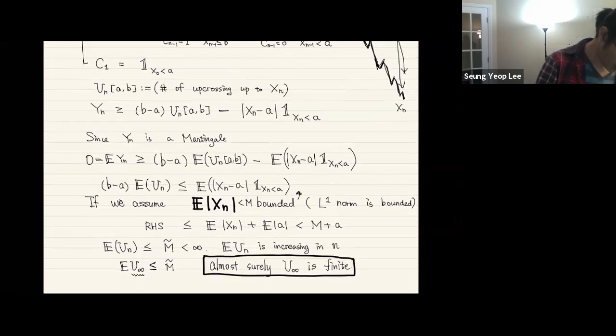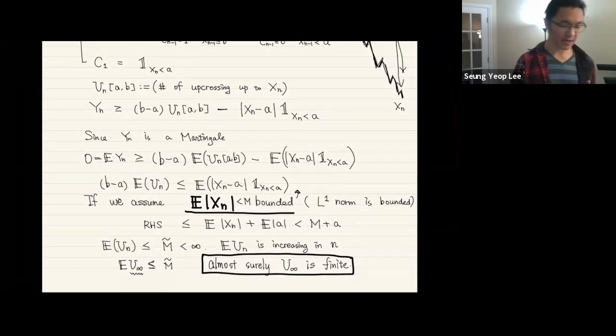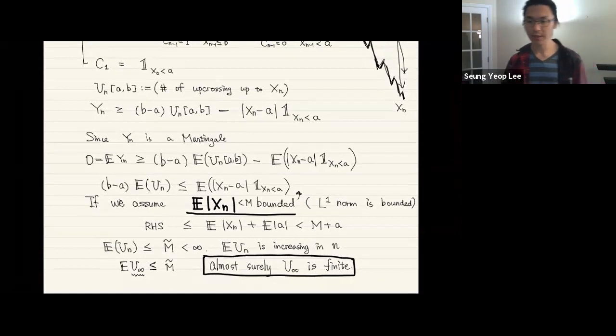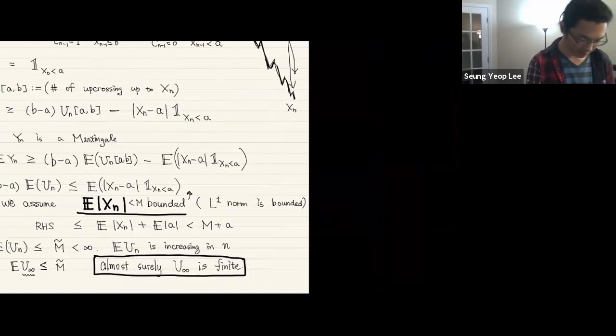And here, the important thing is this condition. If the L1 norm is bounded, almost surely the number of crossings is finite. So let me just rewrite this statement. Xn is a martingale such that this is bounded by M, and the number of crossings is almost surely finite.